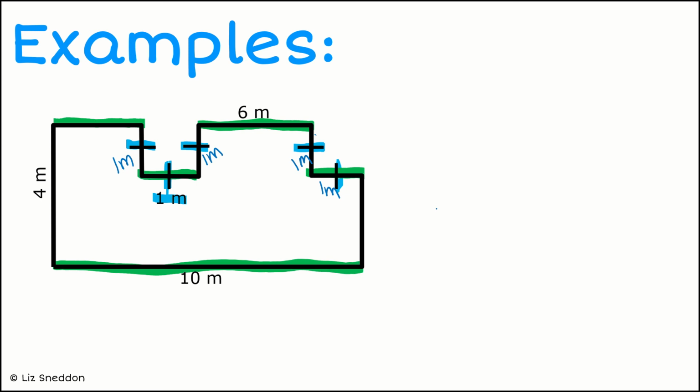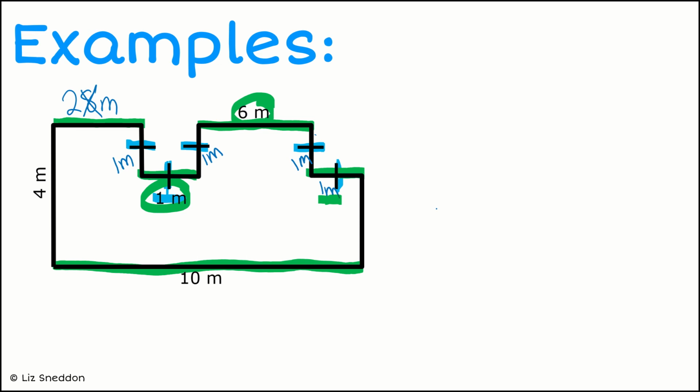So I know they've all got to add up to 10. I know that this side is 1 meter, this side is 6 meters, and this side is 1 meter. So 1 plus 1 is 2, and 6 is 8. That tells me the other little piece that hasn't got a number on it yet must be 2 meters. So I'm going to put 2 meters on that side, and that's got to add up to 10.